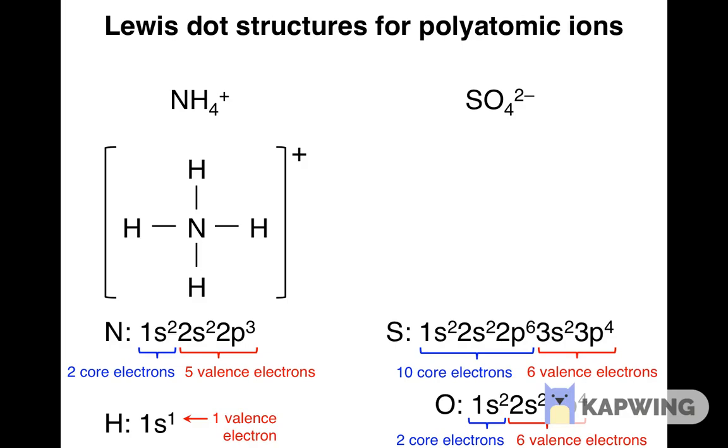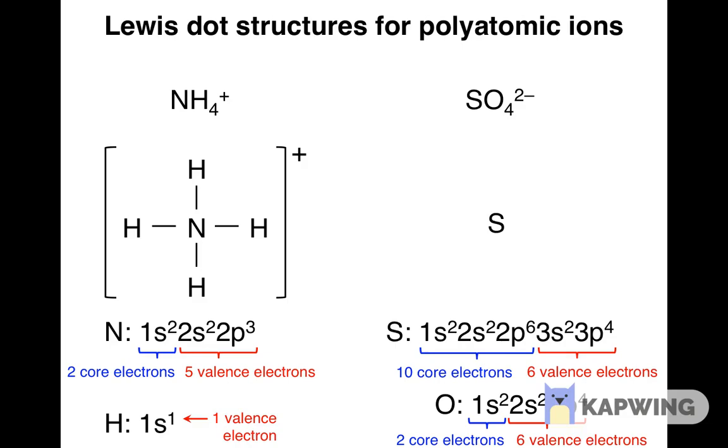An extra 2 electrons are added to the polyatomic anion to give it its 2- charge. Therefore, the number of electrons that are available for bonding is 30 plus 2, or 32.